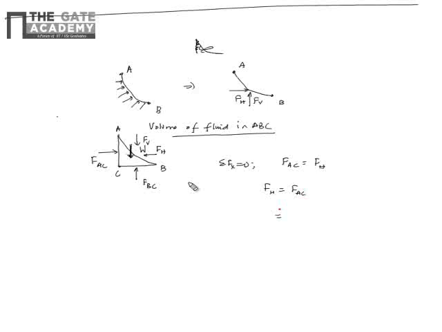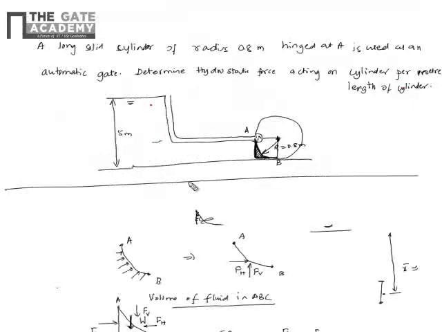AC is a vertical surface. This is the free surface somewhere here, and the vertical surface is here. So let's find out first the x bar, because the force on the vertical surface is rho g A x bar. So this is 0.8, and till here it is 4.2, so 4.2 plus half of 0.8 gives 4.6.